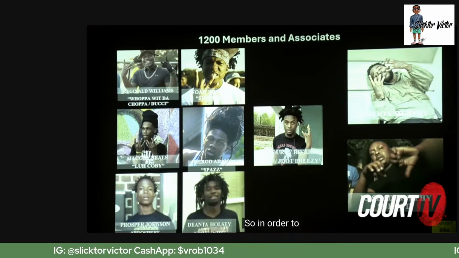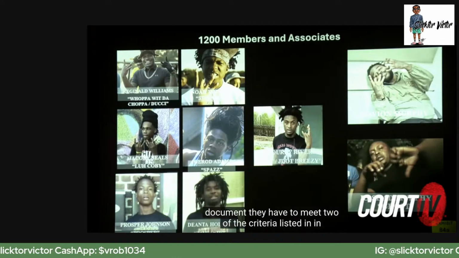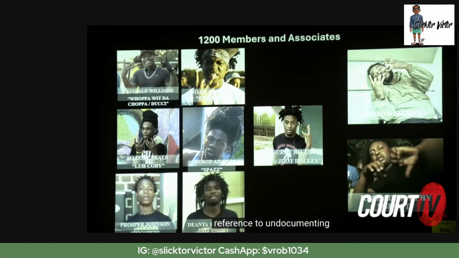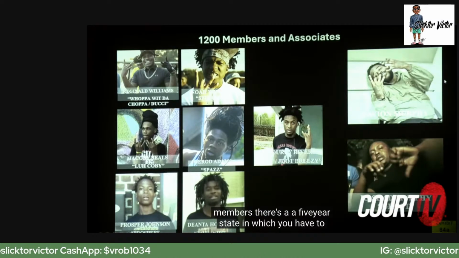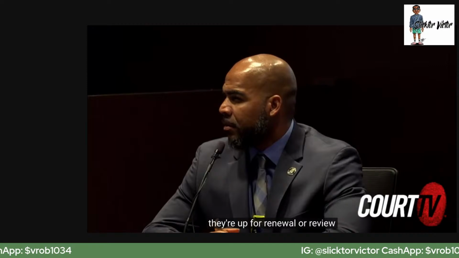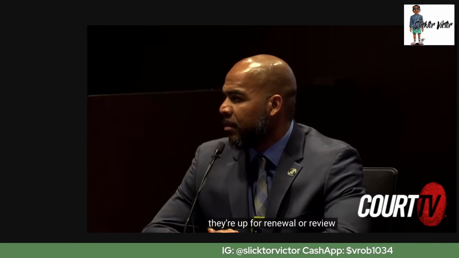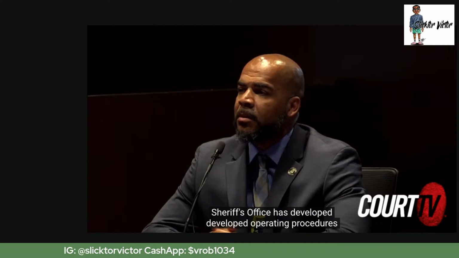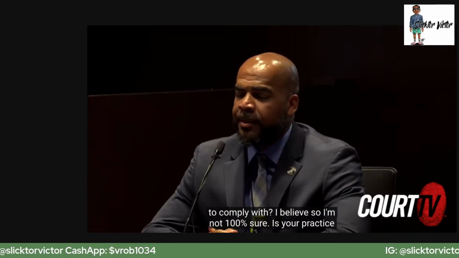In reference to undocumented members, there's a 5-year statute in which they're up for renewal or review at that time. Is that a federal statute that Jacksonville Sheriff's Office has developed operating procedures to comply with? I believe so. I'm not 100% sure. Is your practice every 5 years to determine whether to undocument or recertify? Correct. Yes, ma'am.